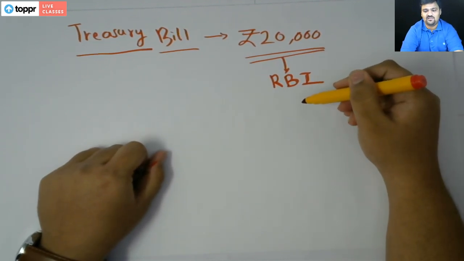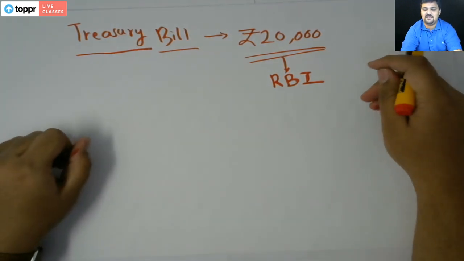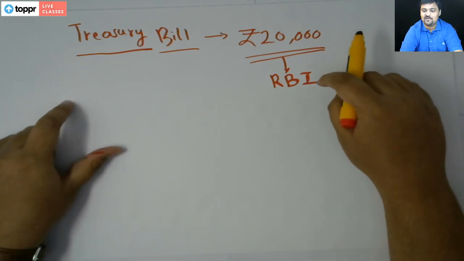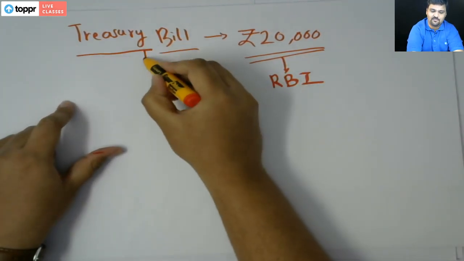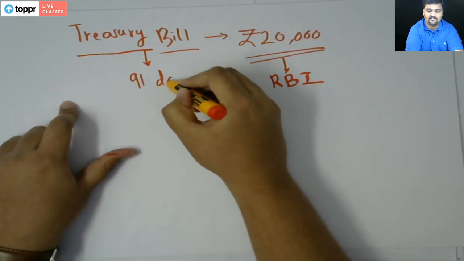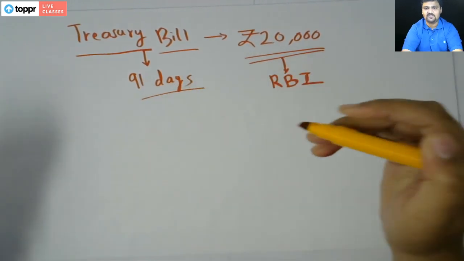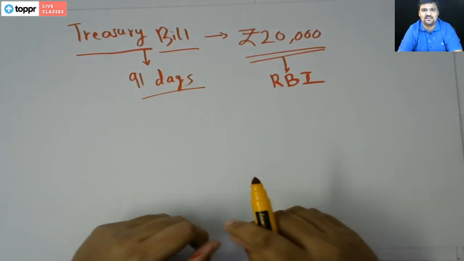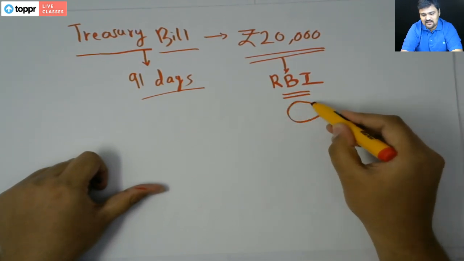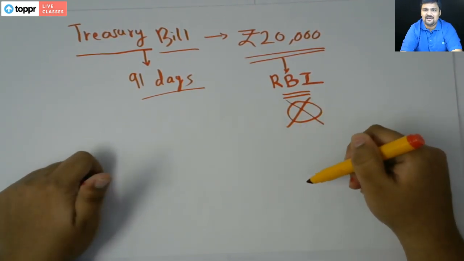The Reserve Bank of India says, oh, this is not possible, you can't invest in this treasury bill. And why does this happen? Because the treasury bill that he wants to invest in is of 91 days. So our question is, why does this happen? Why does RBI say no to him? Let us understand.